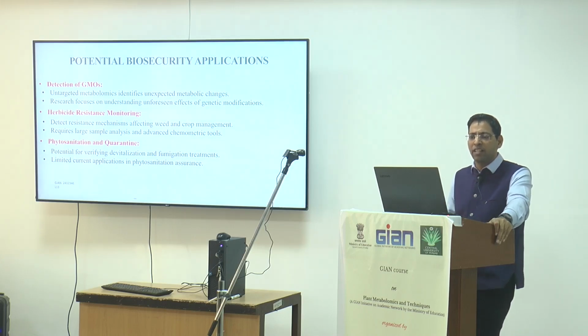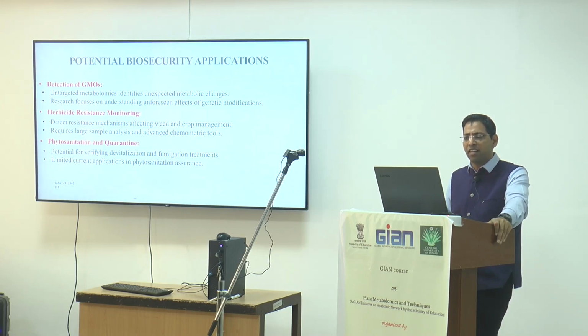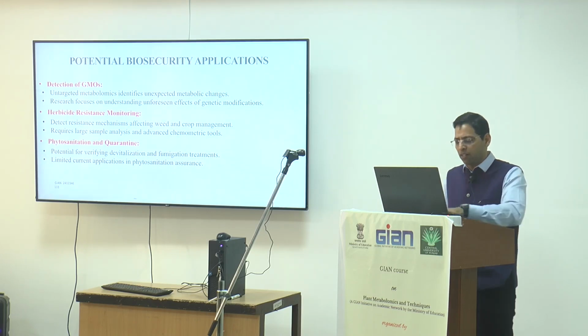Phytosanitation and quarantine have potential for verifying devitalization and fumigation treatments, though current application in phytosanitation assurance is limited. These are the potential biosecurity applications, and we have already proposed an example where you can use NMR on diseased and non-diseased plants to identify biomarkers.